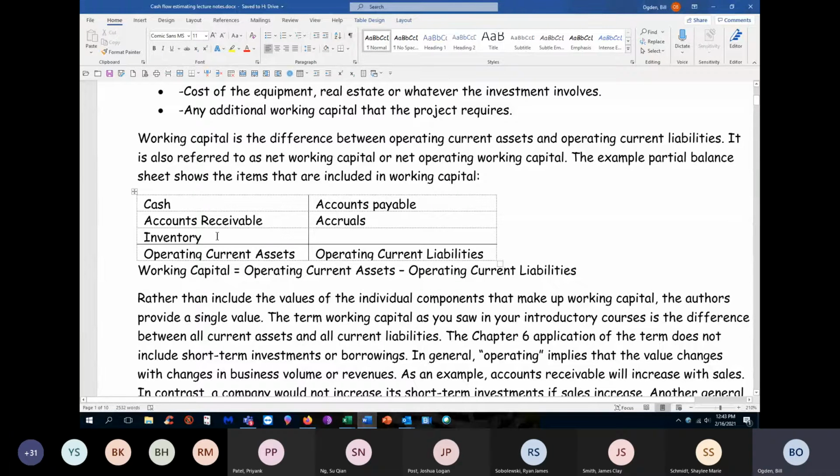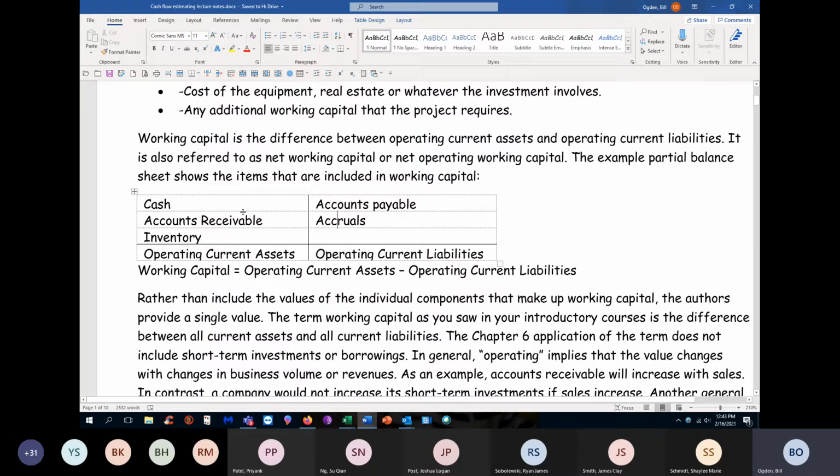So obviously the short-term investments you don't include here, and over here the notes payable you don't include because they bear interest. So if it's actually a financing alternative, it's not in here. If it's an investing alternative, it's not in here. So look for items that bear interest.